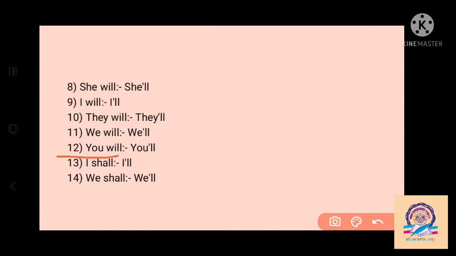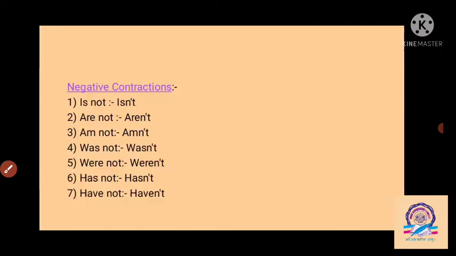Then "you will" is there, again we remove "wi" and by using the apostrophe we write "you'll". Then "I shall", "I'll". Then "we shall", we write "we'll" here. In short forms we use these in positive contractions.